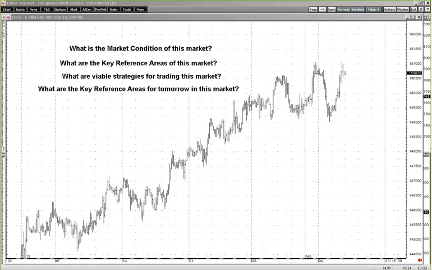Now, this is a 120-minute chart, so there's enough information on this chart to trade any time frame you want, from long-term, intermediate term, swing trade, down to day trade.